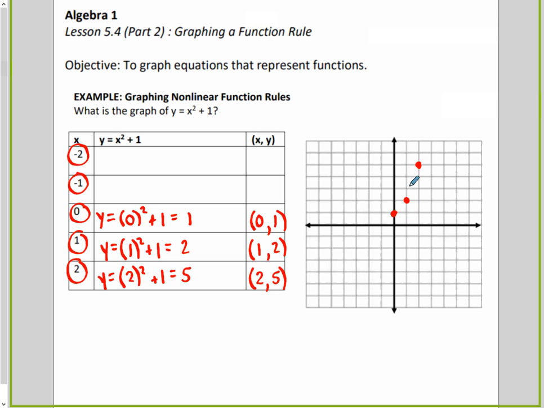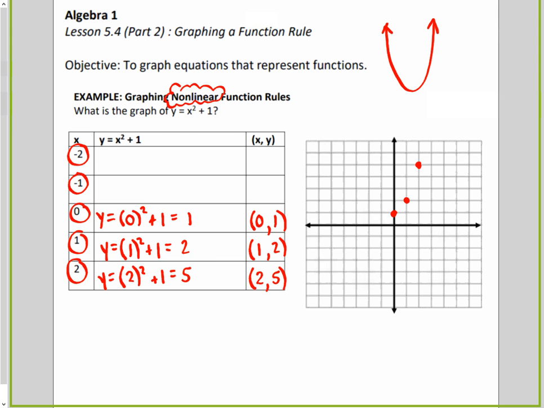It's getting taller. This is going to make a parabola, which is why they're calling it non-linear, because it's not a line. Just going to pause for a minute while we take a look at that.